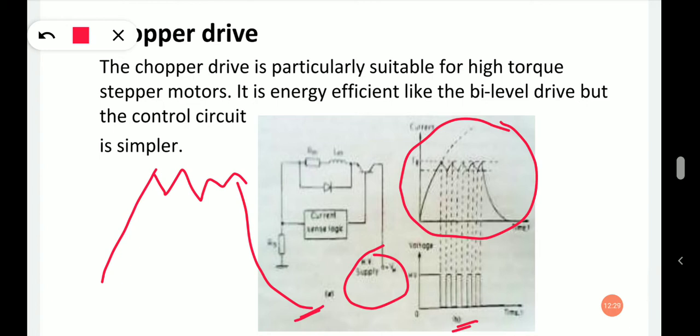So as I told, here current oscillations are there, and when the current reaches some 2 to 5% below the rated value, voltage is applied again. Okay, so here voltage pulses are given, and when the phase is switched off, the current decreases exponentially.